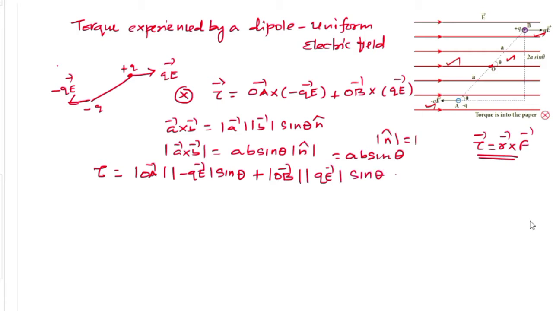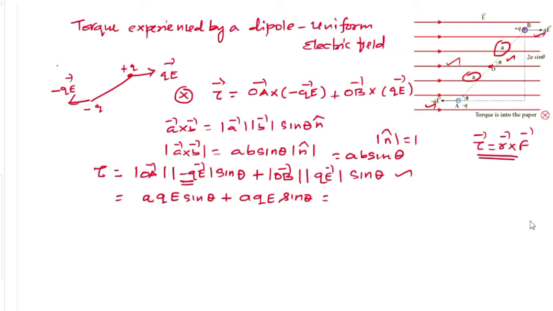What is OA? OA is this distance A. OB is this distance, also A. If you take the modulus, it becomes plus. So it will be A into Q into E sine theta, plus similarly A into Q into E sine theta.